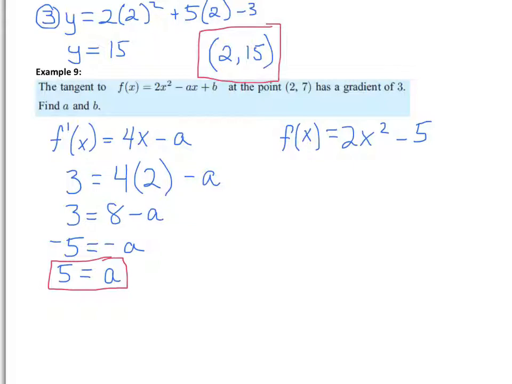So minus 5x plus b. All right, and now I likewise know that this thing passes through the point (2, 7). So one more time, I'm going to use that information. I know that the y value, or the f of x value, is 7, and I know that the x value is 2.